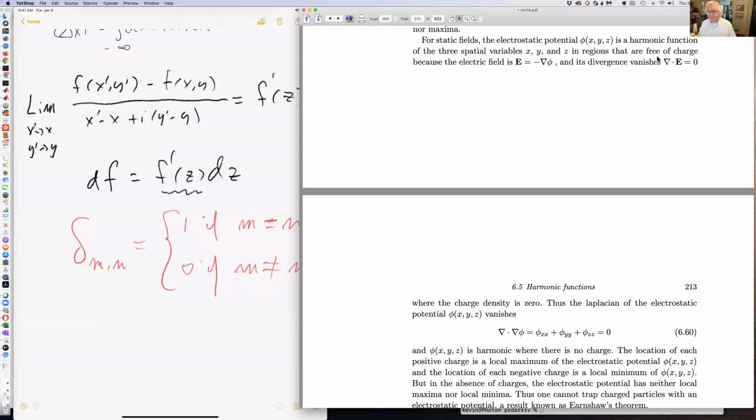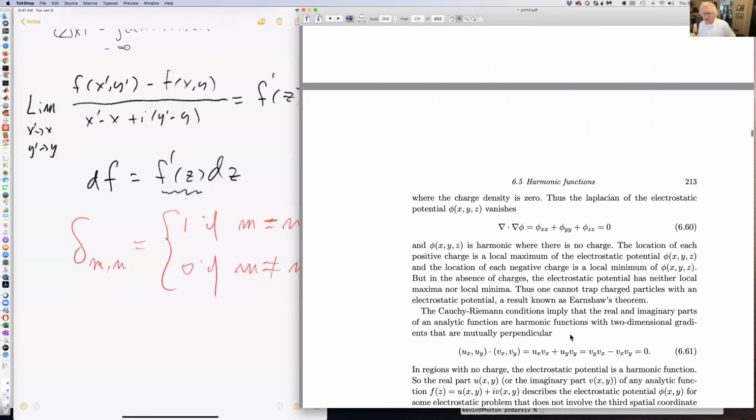Namely, for static fields in regions free of electric charge, the electrostatic potential is harmonic, and that's because E is minus grad phi, and if there's no charge, then the divergence of E vanishes, and so the Laplacian of phi vanishes, and so phi is a harmonic function.